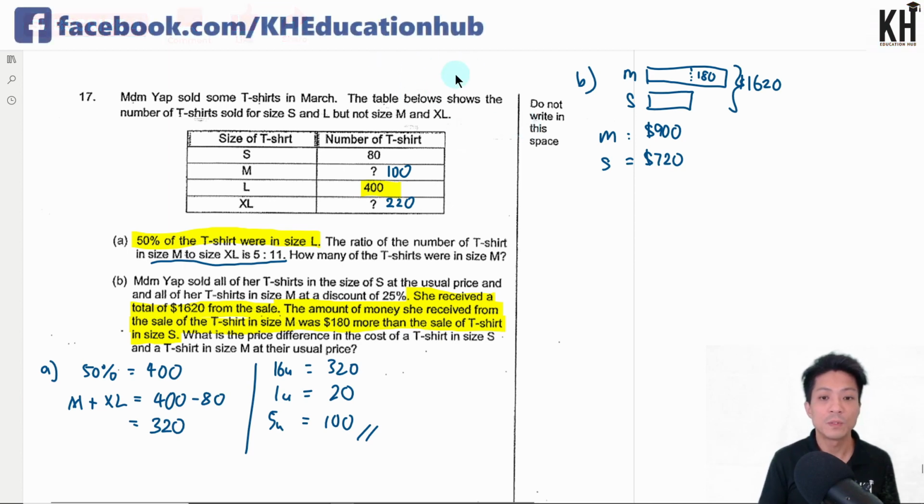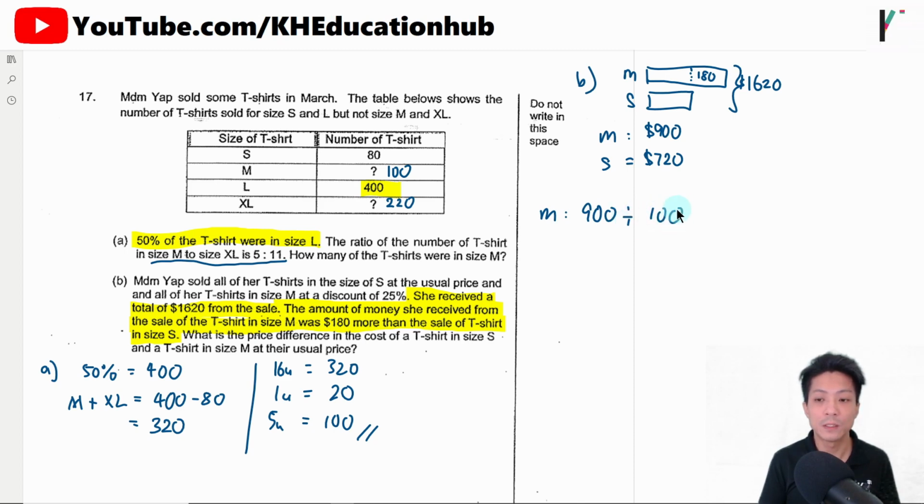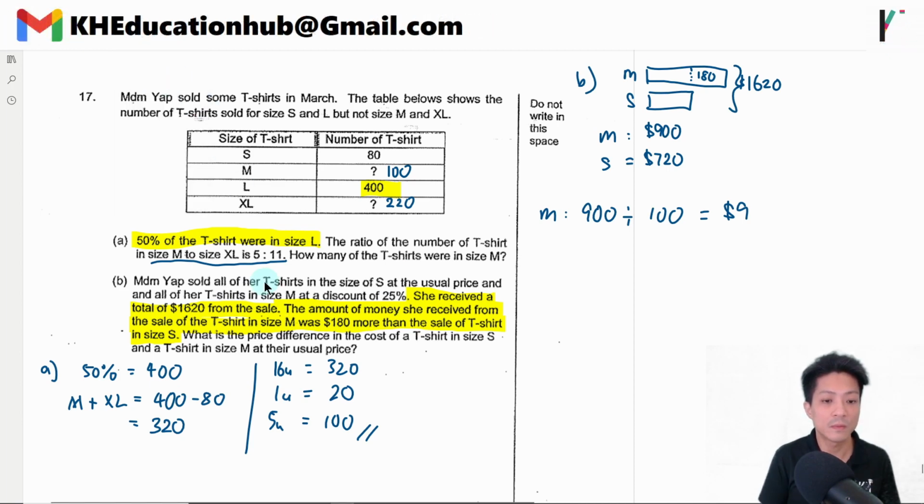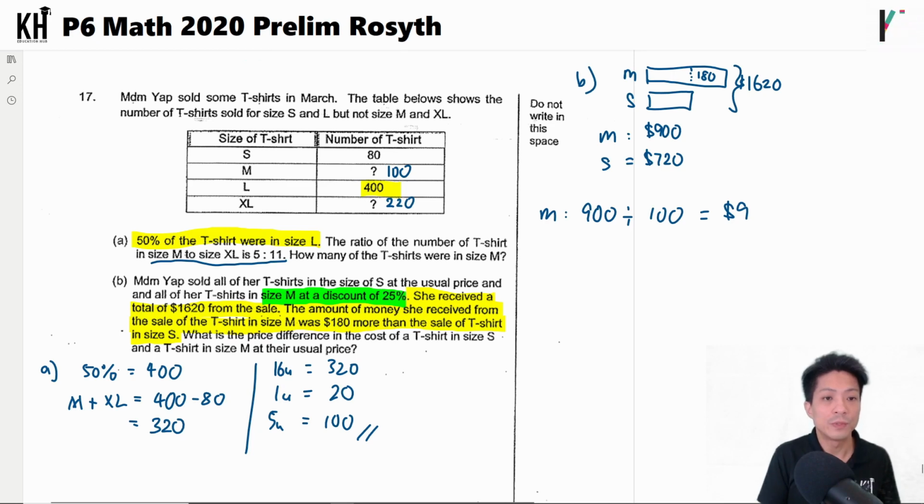So the next step will be to find the cost of each t-shirt. For M, I'm going to use 900 divided by 100, which is equal to $9. But remember she sold the t-shirts in M at a discount of 25%. So if you remember this, then you should realize that this is 75%.